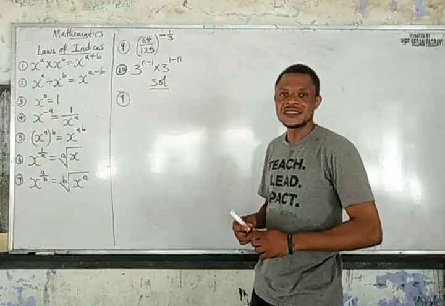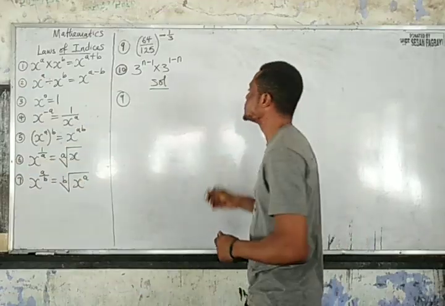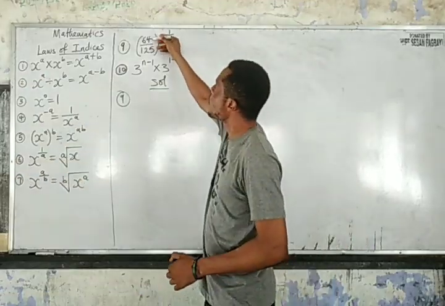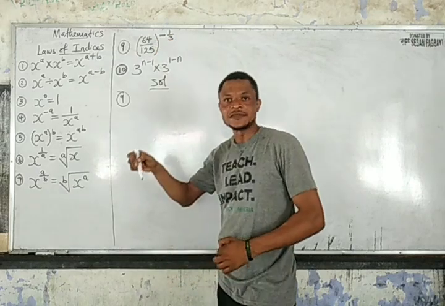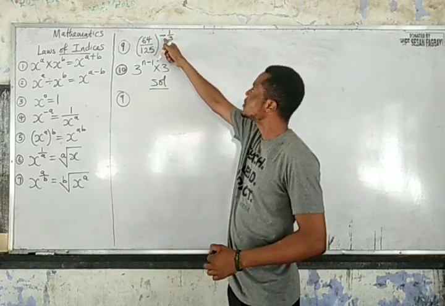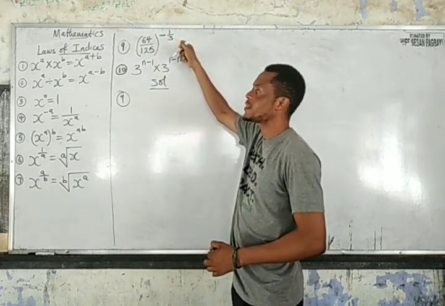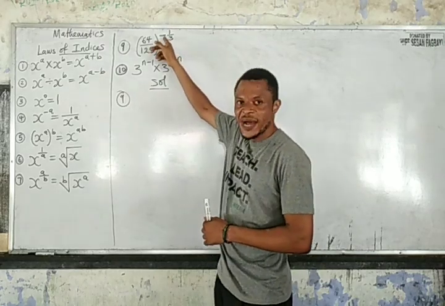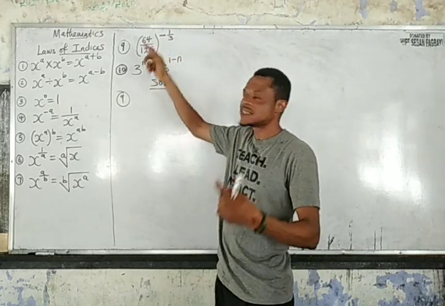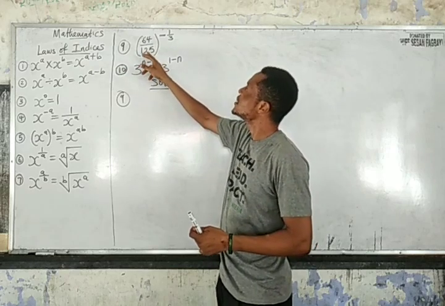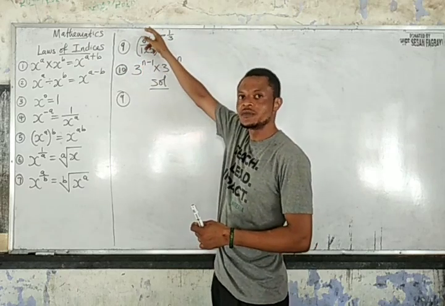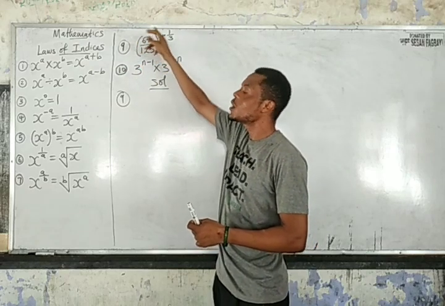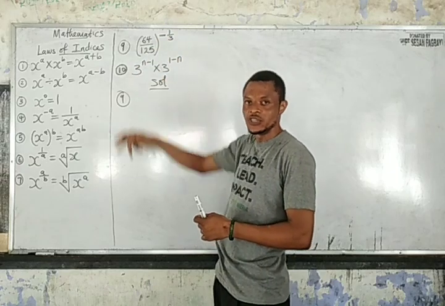Easy. Without wasting time, let's proceed to question number 9. We have 64 all over 125 raised to the power of minus 1 all over 3. As we have raised to power minus, this is an inverse. It will make the denominator take the position of the numerator, and the numerator take the position of the denominator.